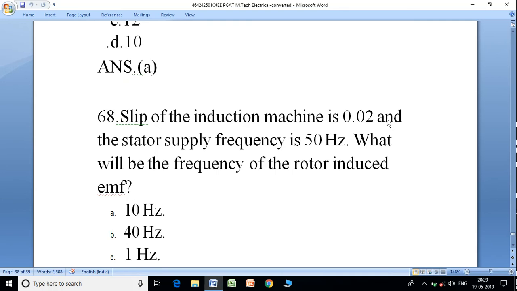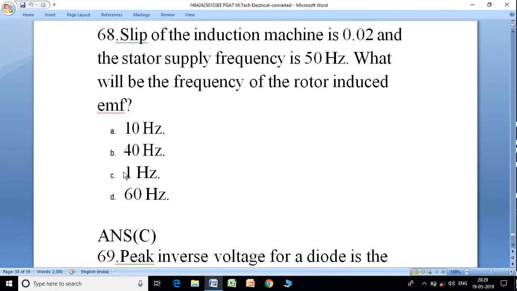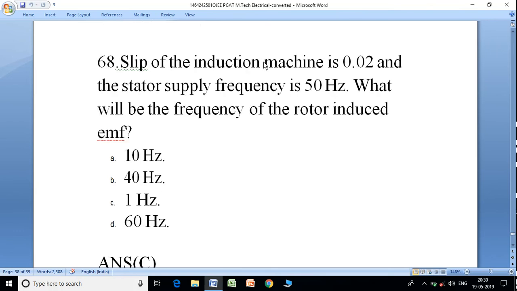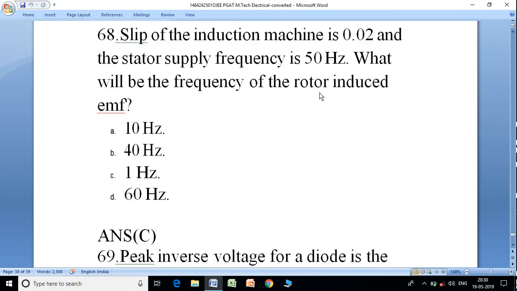The slip of an induction machine is 0.02 and the stator supply is 50 Hz. What will be the frequency of rotor induced EMF? Answer C, 1 Hz, is the correct answer because f2 is equal to s times f. s is given as 0.02 and f is given as 50.